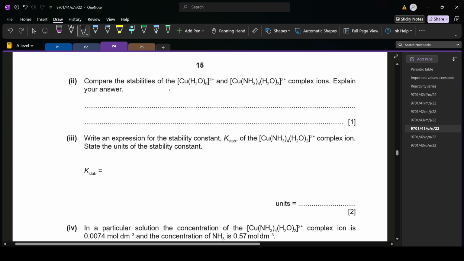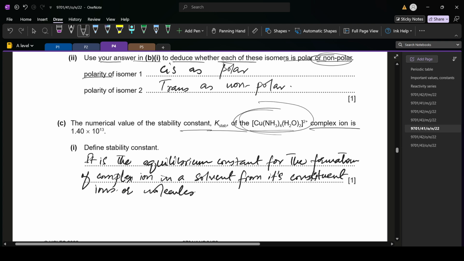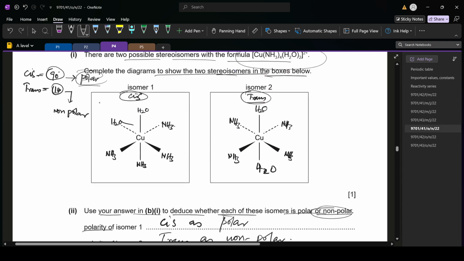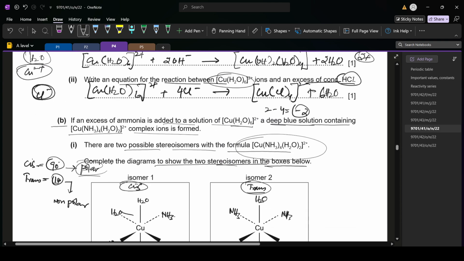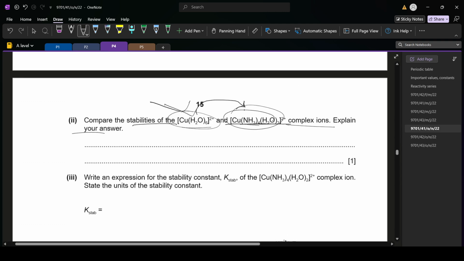Compare the stability of this complex and this complex. Explain your answer. You are given the value of the ammonia complex, but you are not given the value of this complex. But you can see that if ammonia is added, this complex changes into this complex. So it means this complex is more stable. That's why copper formed this complex when ammonia is added. It has a greater K stability value.